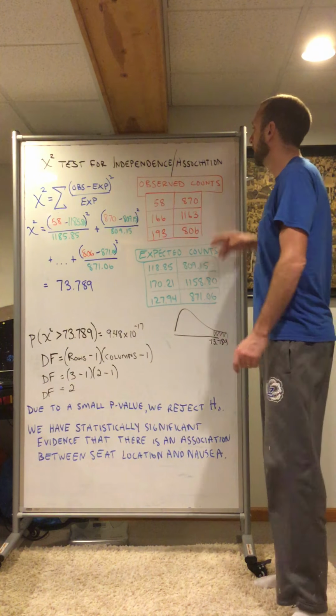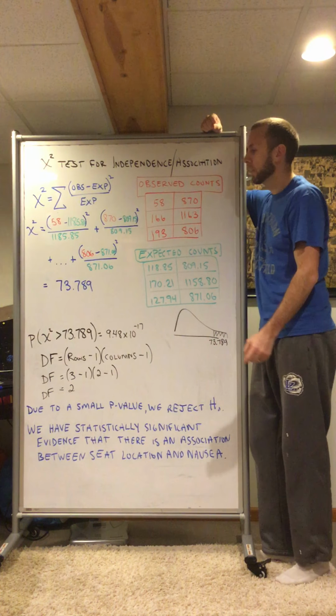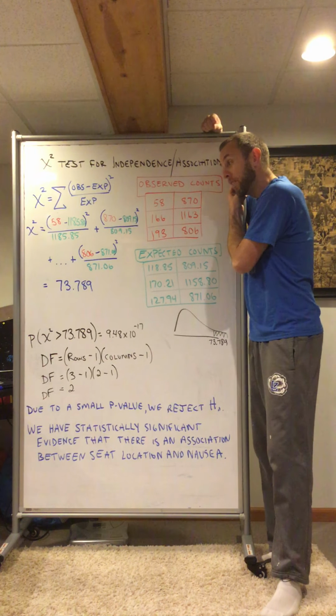So 58 minus 118 squared over 118 plus 87 minus 809 squared over 809 plus, and I'm just going to use a dot dot dot. You have to do that for all 6 cells until you get to the last one. 806 minus 871 squared over 871 gives us our chi-square statistic of 73.789.